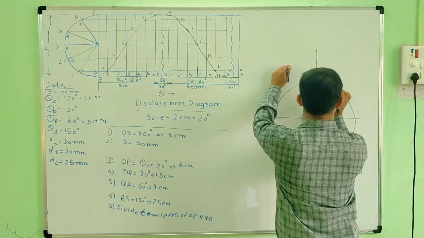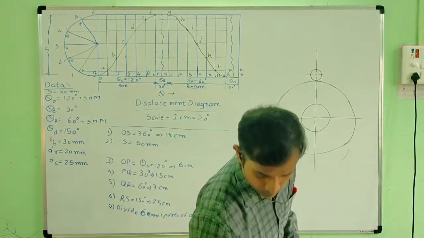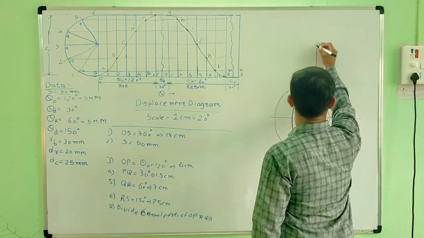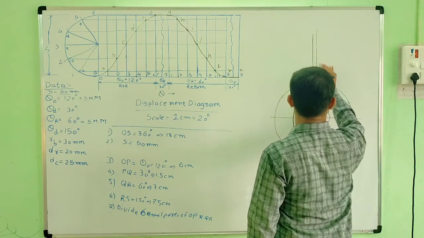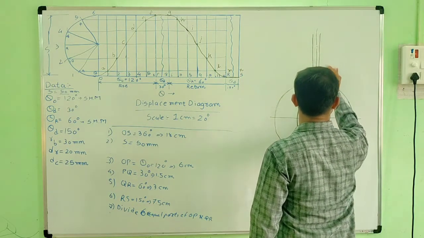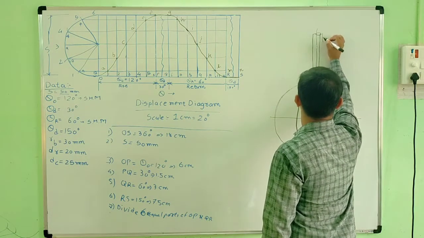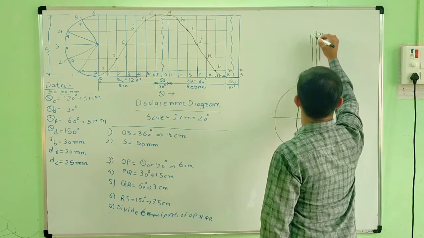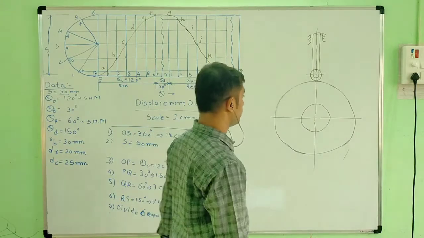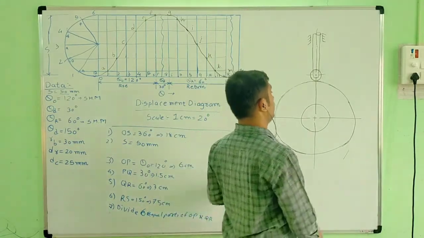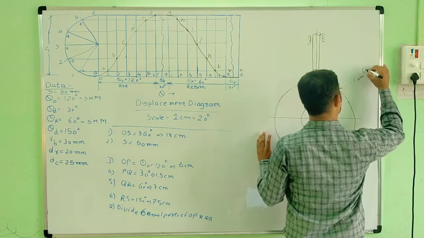Okay, so roller diameter. So now we have to use... okay. So now, this is a cam circle.